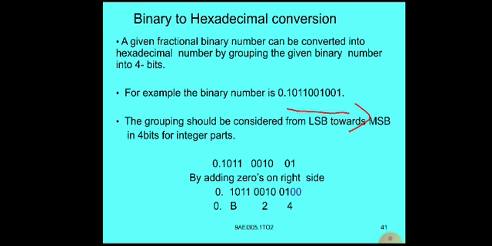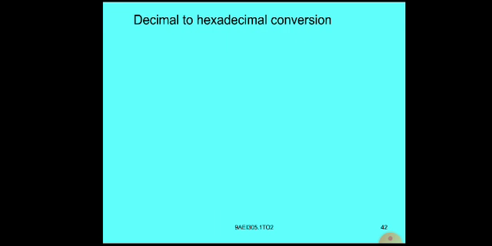Now write the hexadecimal equivalent of each group. 1011, it is B. 0010, 2. 0100, it is 4. That's all. So this is the way of converting fractional binary to hexadecimal.